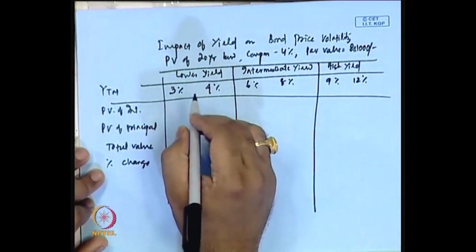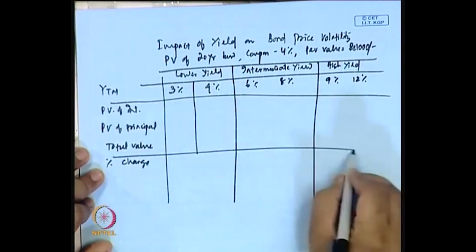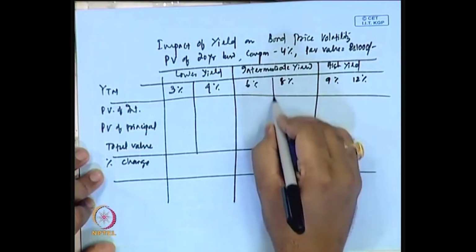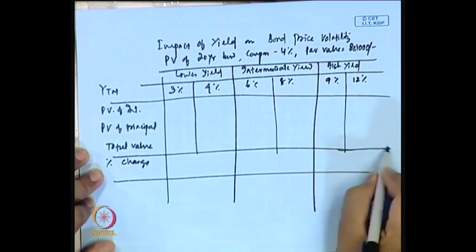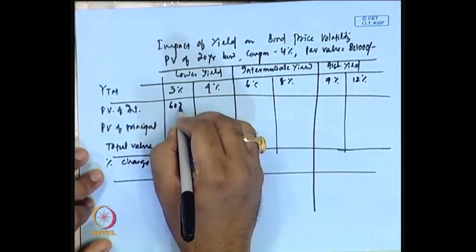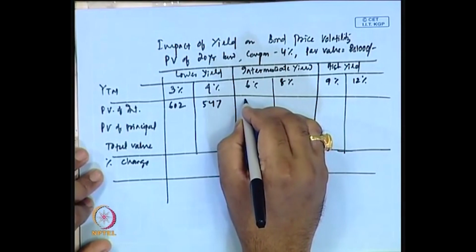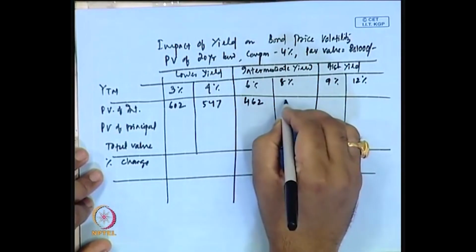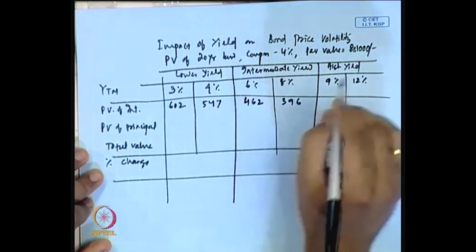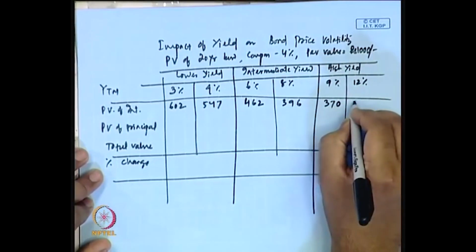Okay. So, the present value of the interest will be 602, this is 547, and at 6% it will be 462, it is 396, it is 370, and this is 301.